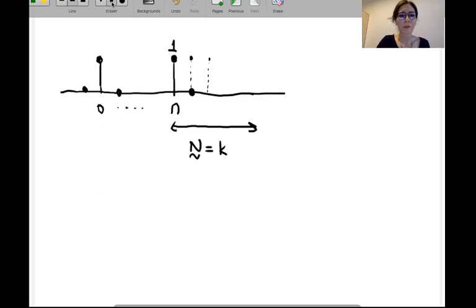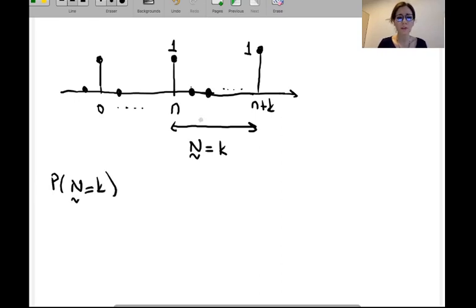n is equal to k means that you got 0 in the next k minus 1 trials, and then finally at the kth trial you manage to get 1. So it goes 0, 0, 0 everywhere, and then at the value n plus k you got 1 again. What is the probability of this? For this to occur, first of all, the next one should be 0, otherwise n would be equal to 1.